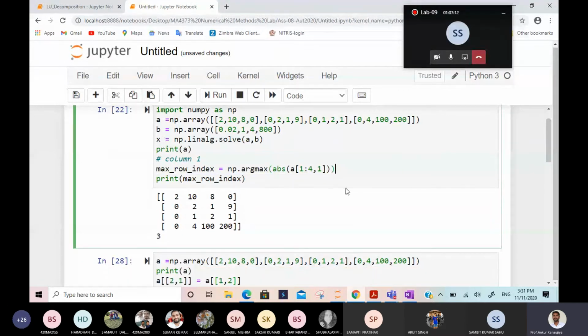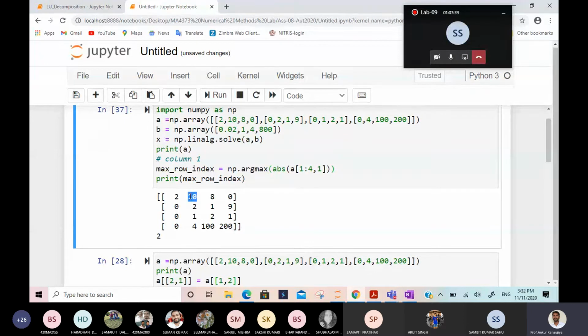Once you find this argmax, what will it print? Let us see. It is giving 2. This is column number 1, meaning the second column. The maximum entry is which one? This 4, right? Yes, sir. But we are finding the maximum of what? We are finding the maximum of 2, 1, 4. This 10 I am skipping.